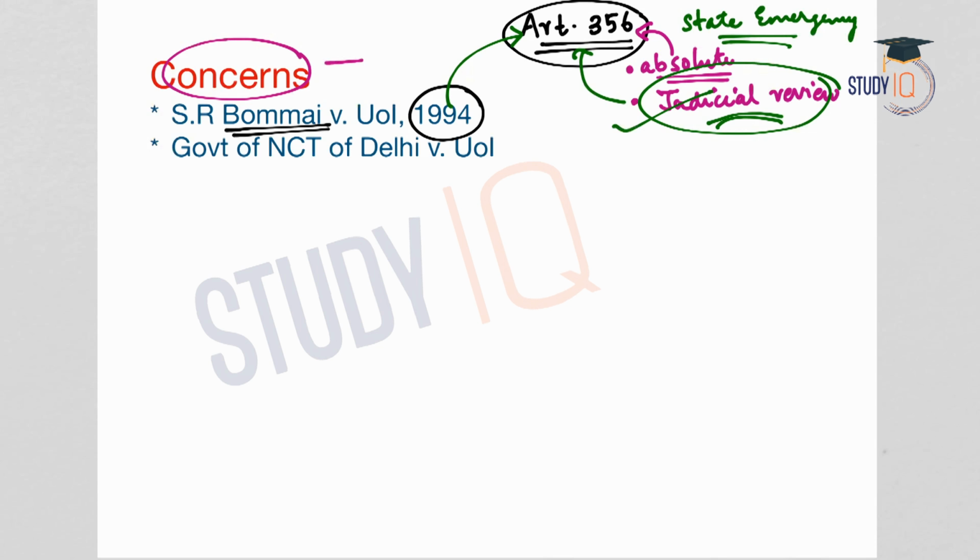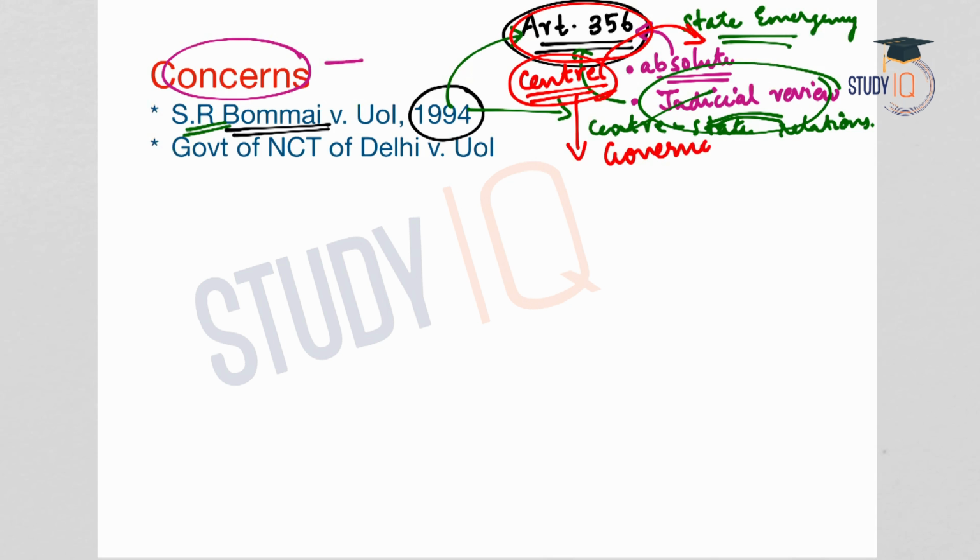And this judgment in the S.R. Bommai versus Union of India 1994 case had a huge impact on center-state relations. Article 356, that is the proclamation of state emergency by the President of India, was one constitutional tool used by the center, because the President is appointed by the center, and as an agent of the center there are governors in the states, and the governors make recommendations to the President for a state emergency.